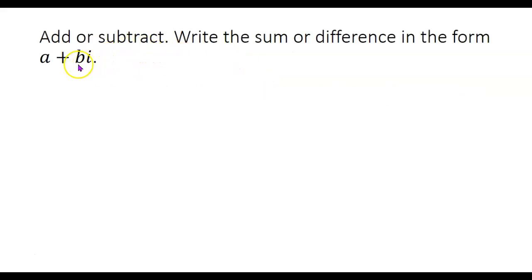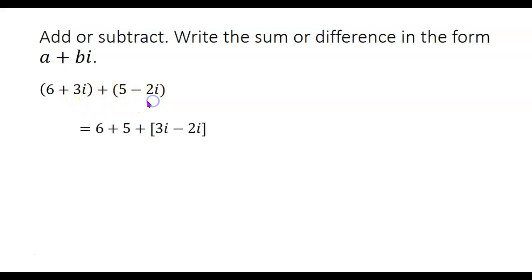To add or subtract, you can pretty much use what you know about adding and subtracting algebraic expressions and combining like terms, and just think of the i as sort of like a variable, like x or y. So for example, if we're adding 6 plus 3i plus 5 minus 2i, it's really just a matter of combining like terms.